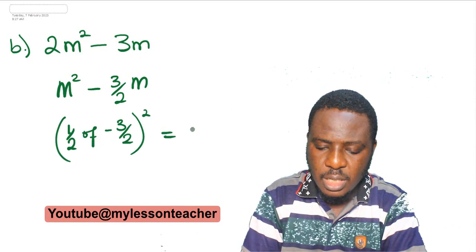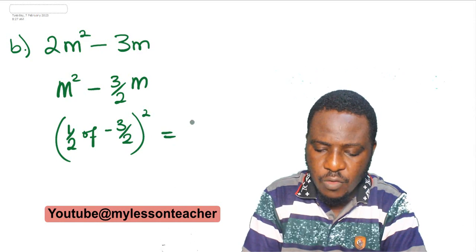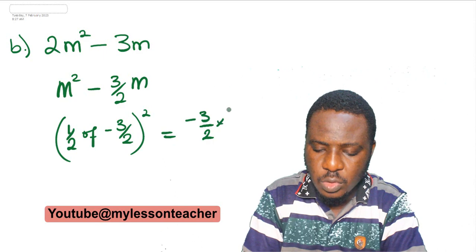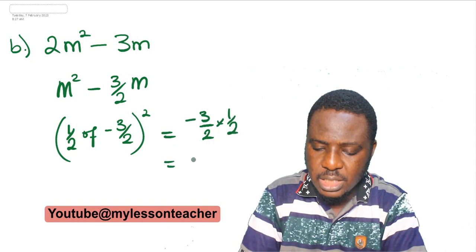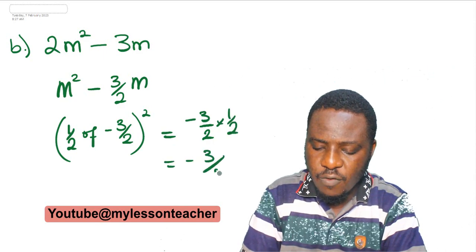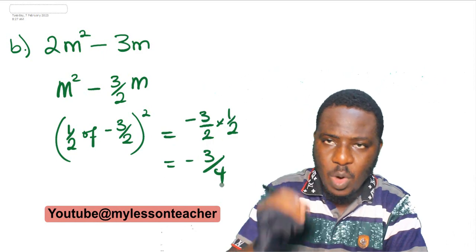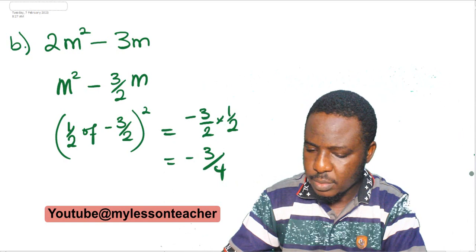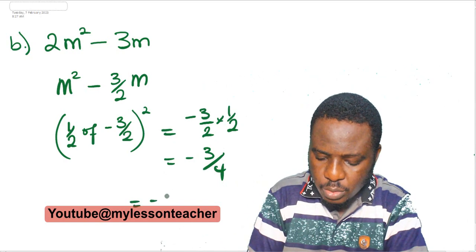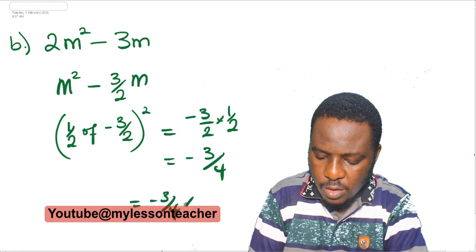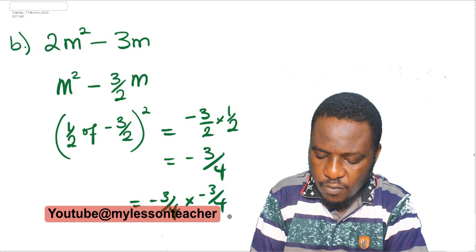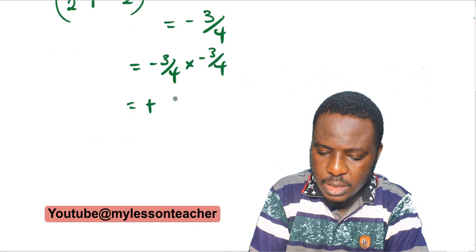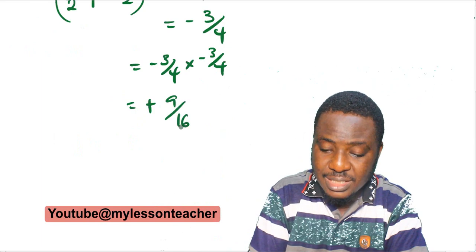So half of minus 3 over 2 is minus 3 over 2 times 1 over 2, and that is minus 3 over 4. Now square it. When you square it, this becomes minus 3 over 4 times minus 3 over 4, and that will give us plus 9 over 16.